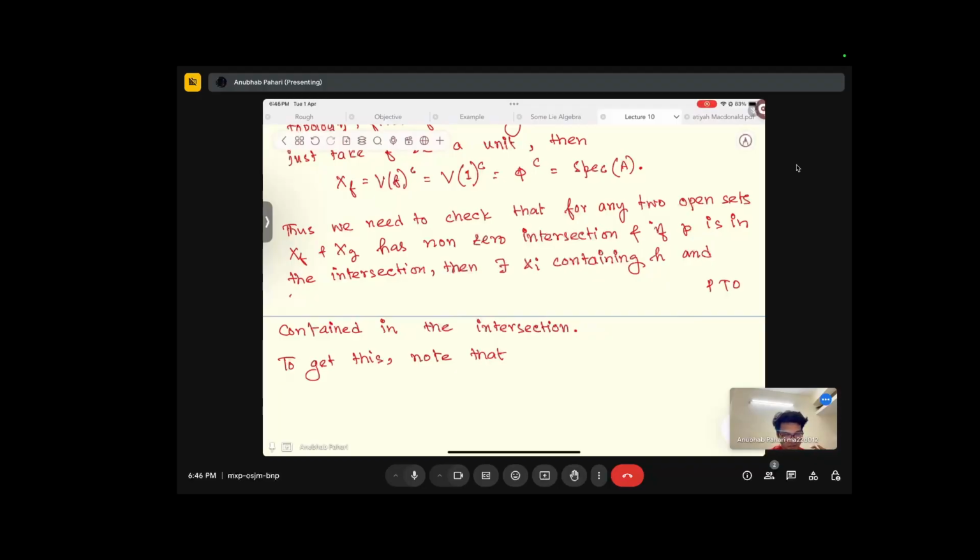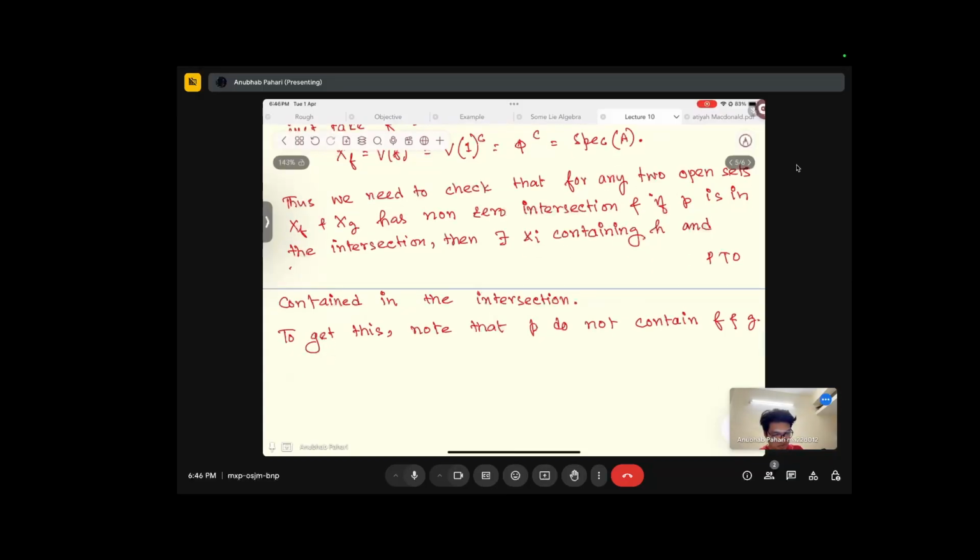Okay, to get this, note that P does not contain f and g. So take X_fg, that means the prime ideals that do not contain this product.